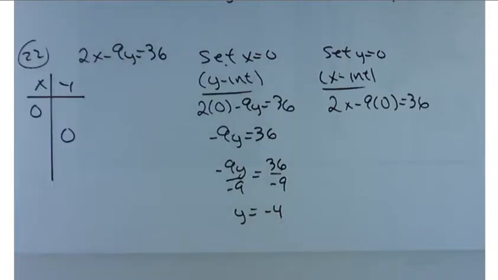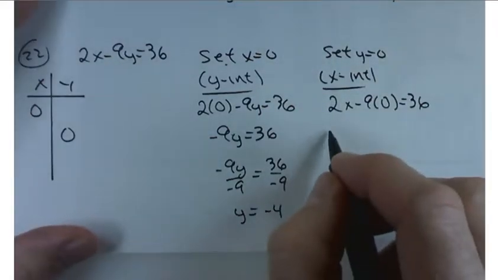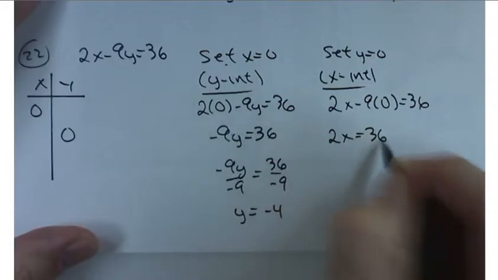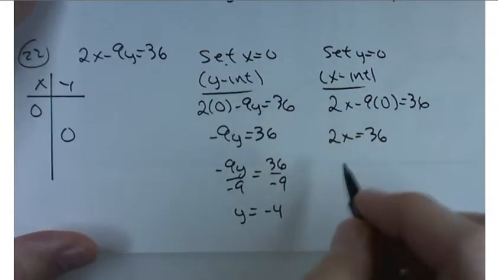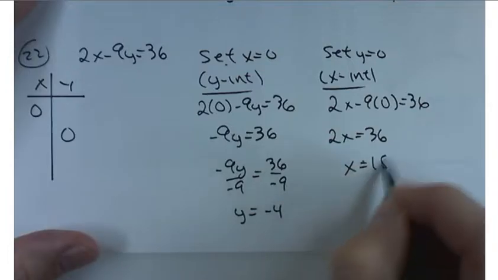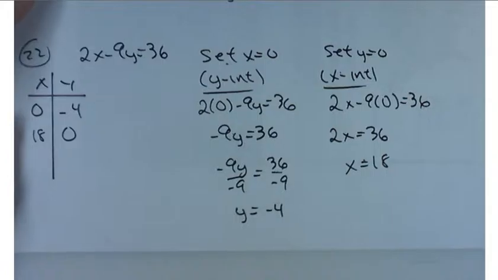Negative 4. How about over here when we set y equals 0? What do we get for x? 18. Yeah, 18. So 18 and 0 and 0 and negative 4. Your x and y intercepts.